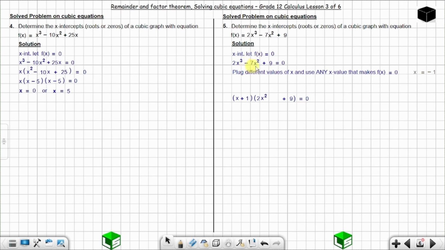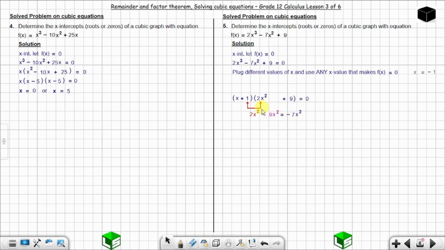Now let's look at our middle term. We have to get our middle term, −7x². You already have 2x² there, so you need to have −7x². You subtract 9x², which is equal to −7x².